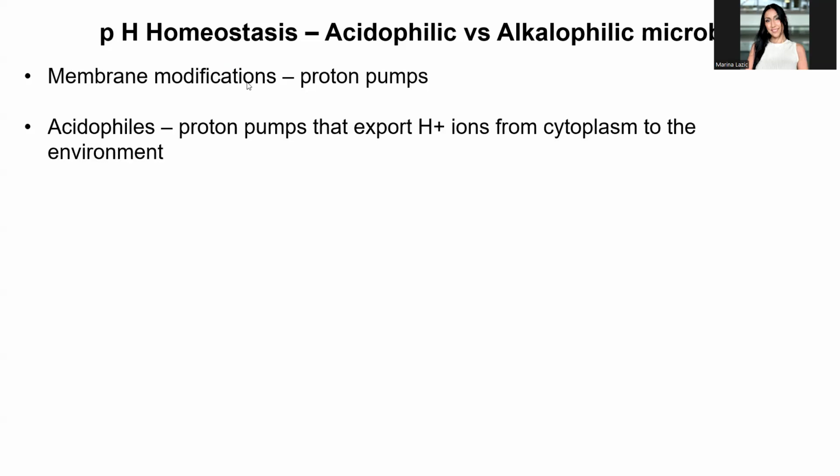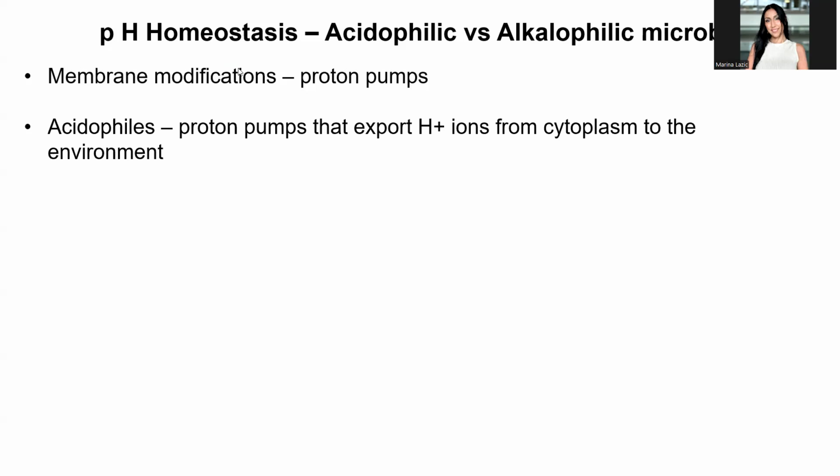The point is that they're trying to maintain pH homeostasis. And they have proton pumps, of course. What is a proton? A proton is an acidifying molecule. So more protons means lower pH, high acidity.